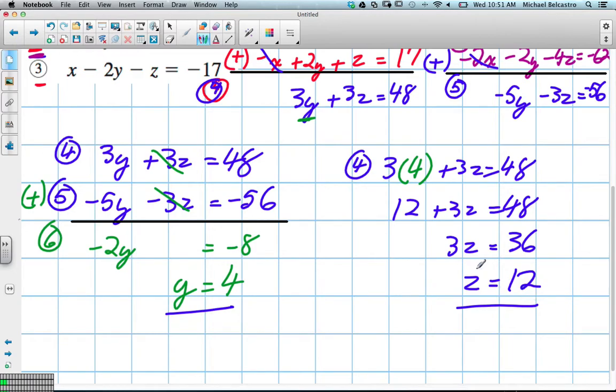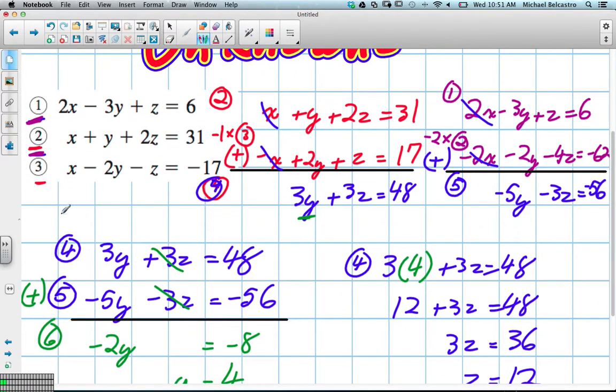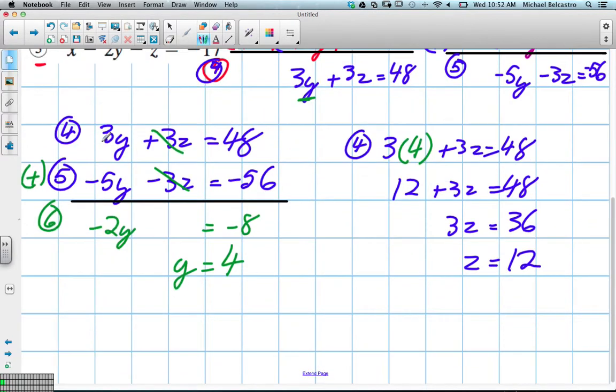Now what we have to do is go back to our first step. Any of these three equations, our answers should fulfill them properly. I think it's pretty easy if we look at equation 2. Our y and our z don't have very difficult coefficients, so I'm going to plug into equation 2 to solve.